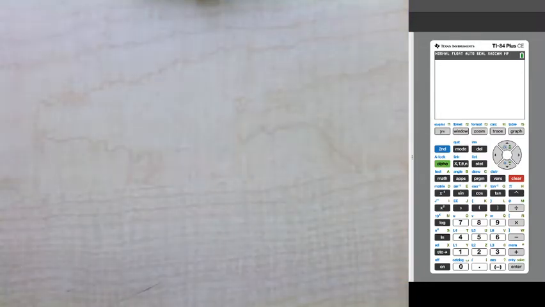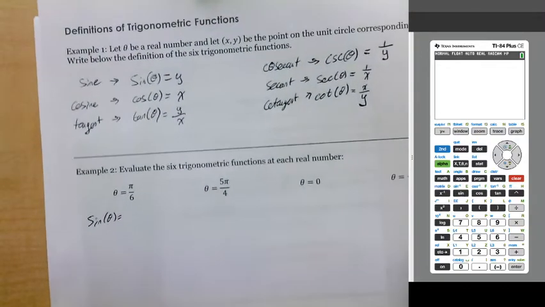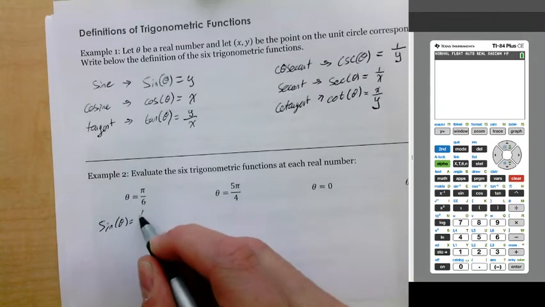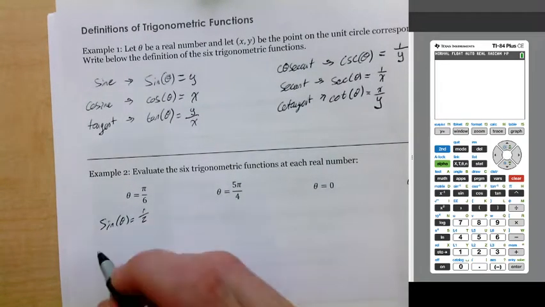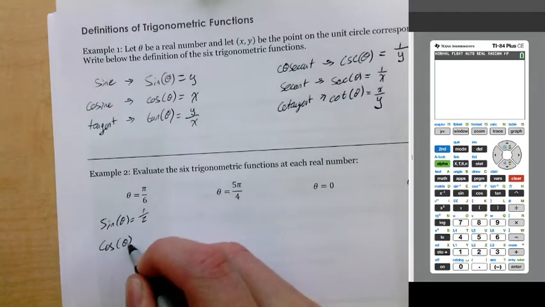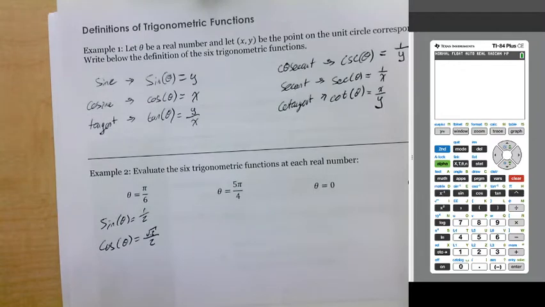So, sine of theta being the y-coordinate, sine of pi over 6 is going to be 1/2. That's the y-coordinate of a radian measure of pi over 6. Cosine of theta is the x-coordinate, and as we saw earlier, that's going to be root 3 over 2.